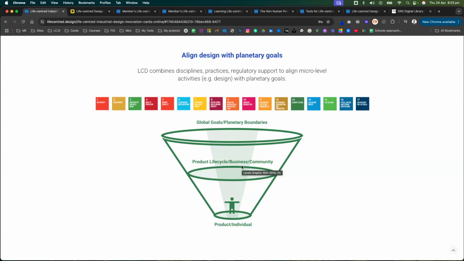Another aspect is people's behaviors. Whether it's how they use your product, enabling them to keep it, maintain it, repair it, enabling them to dispose of it sustainably and carefully, but also sharing this knowledge with citizens, making it more of a cause.